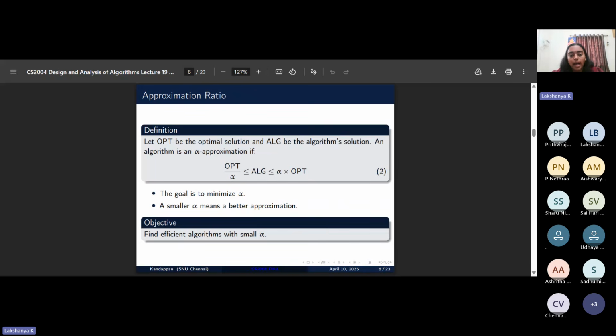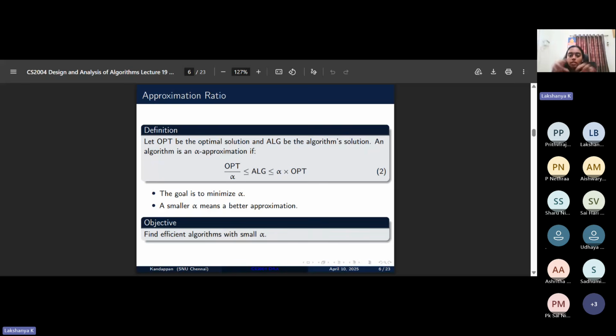An algorithm is an alpha approximation if OPT divided by alpha is less than or equal to ALG, which is less than or equal to OPT times alpha. Let OPT be the optimal solution. In a knapsack problem, it is the maximum profit obtained by the optimal solution.